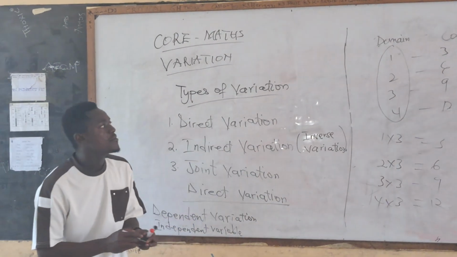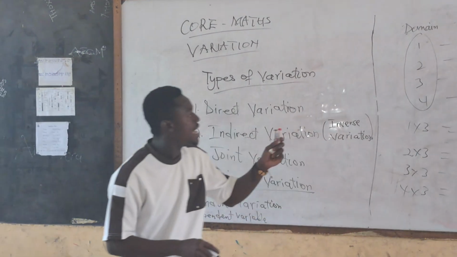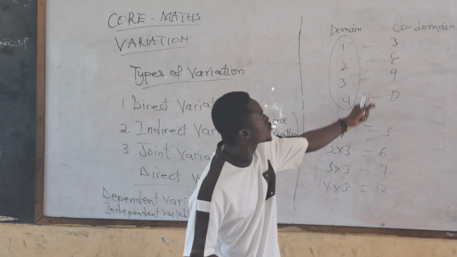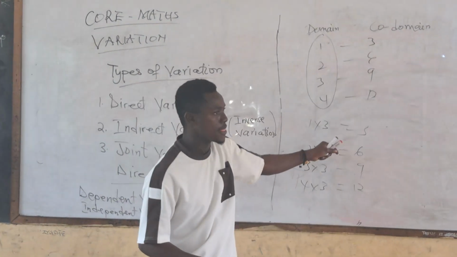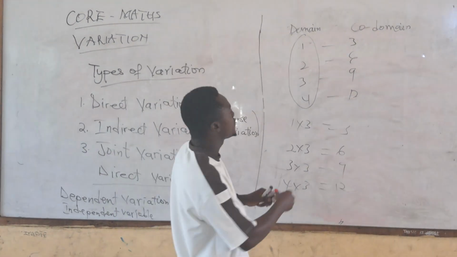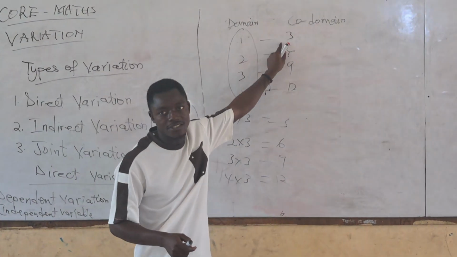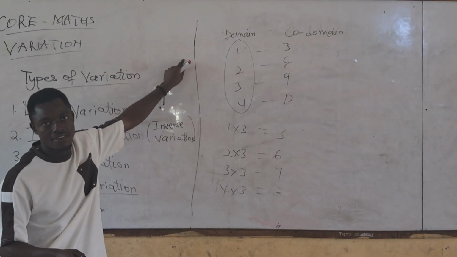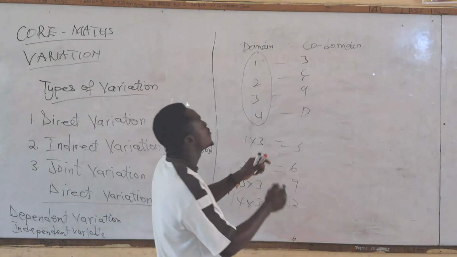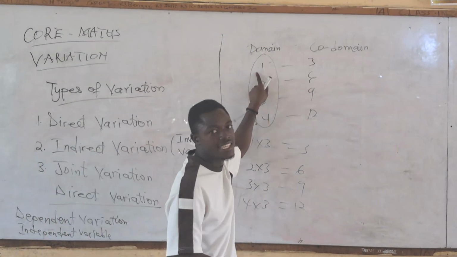Somebody might also ask, if I take the values here and divide by a certain value, I have to get what we have here. So for instance, what should I do to this 3 to get this one?